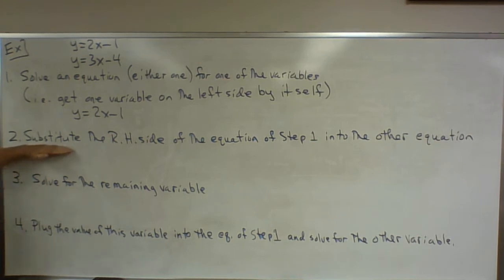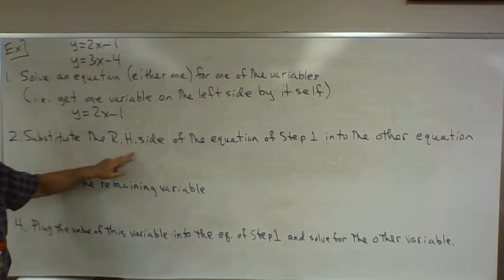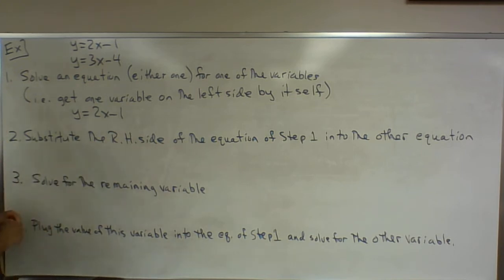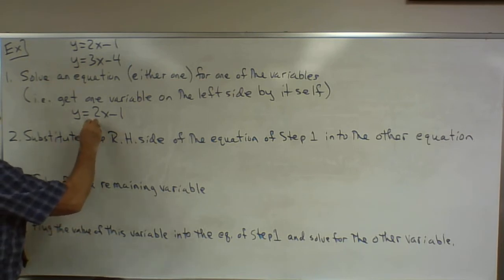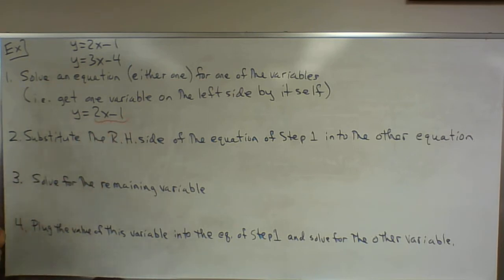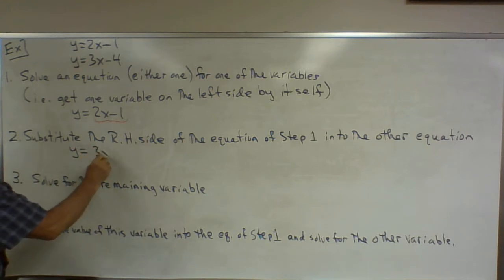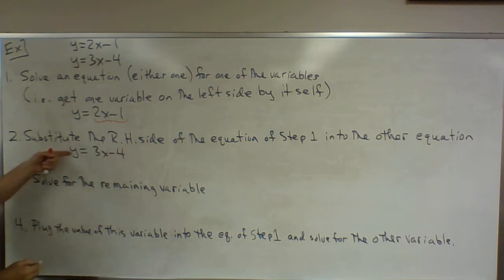Step two, substitute the right-hand side of the equation in step one. That's this thing, the right-hand side of the equation in step one, into the other equation. Well, here's the other equation, y equals 3x minus 4.